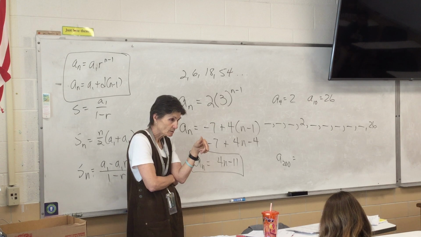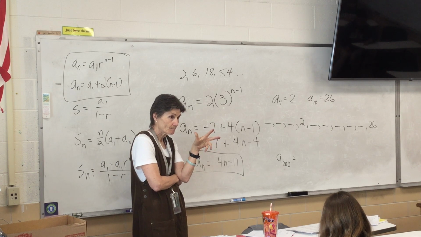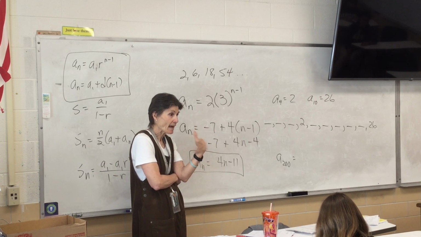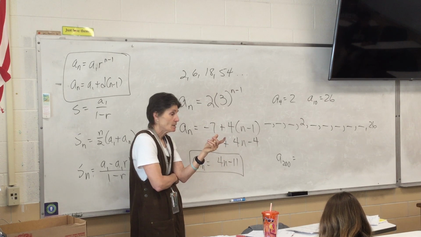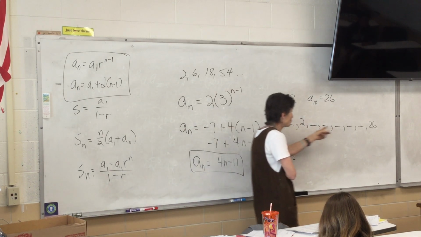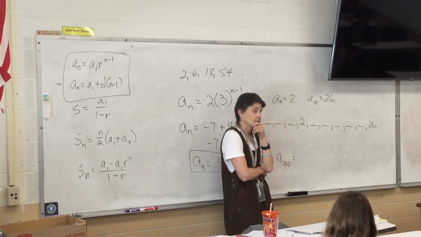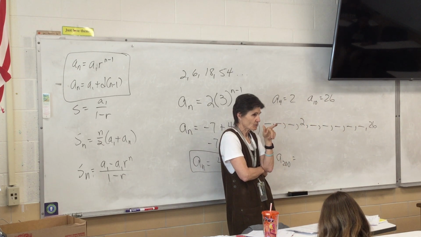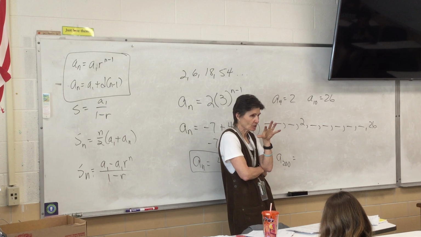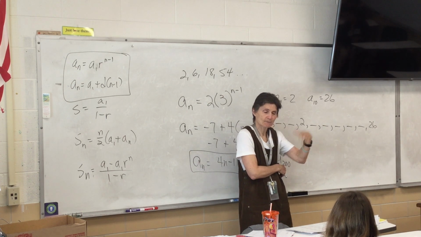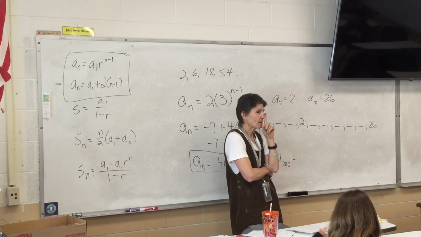Which means what? What does arithmetic mean? We're adding by something, right? So we got to get from 2 to 26, and we have to add. Now let's think about this for a second. Maybe be logical, but we could trial and error. You could absolutely trial and error. But let's think about this.